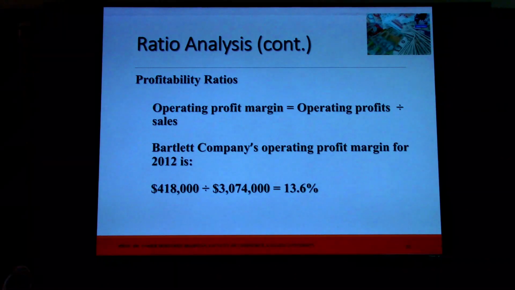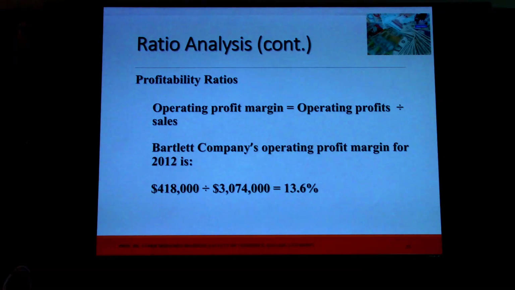Also, we can determine the operating profit margin, هامش الربح التشغيلي. It is equal to operating profits divided by sales. In this example, our operating profit from the income statement is 418,000 divided by 3,074,000.